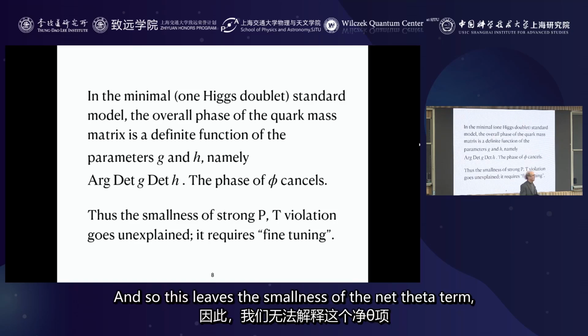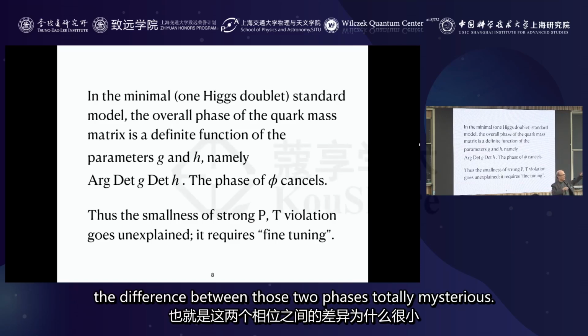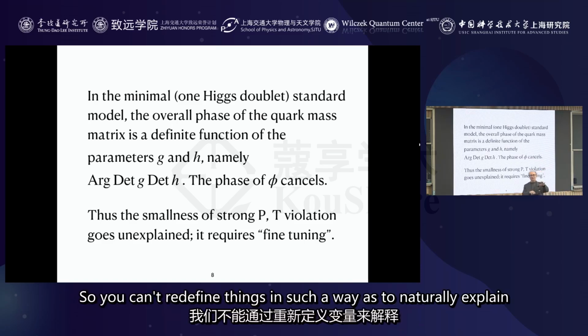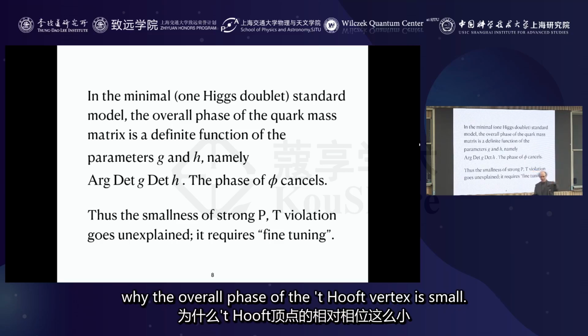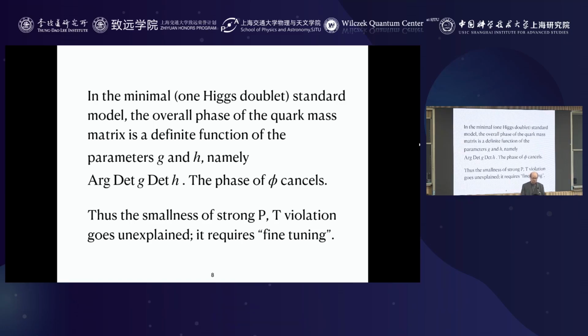And so this leaves the smallness of the net theta term, the difference between those two phases, totally mysterious. Okay, so you can't redefine things in such a way as to naturally explain why the overall phase of that 't Hooft vertex is small.